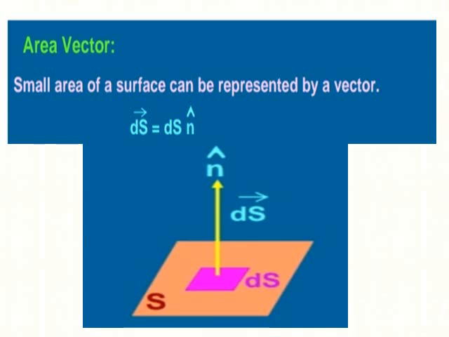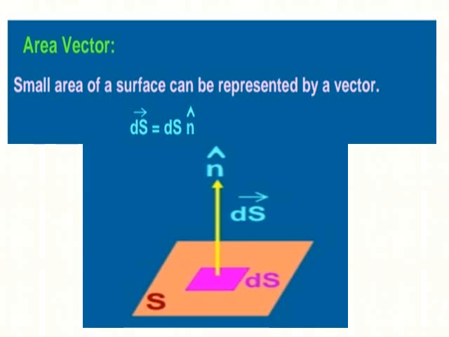The length of vector ds represents the magnitude ds of the area element, and if we draw n cap, a unit vector along the normal to the planar area, then ds vector will be equal to ds multiplied by n cap.